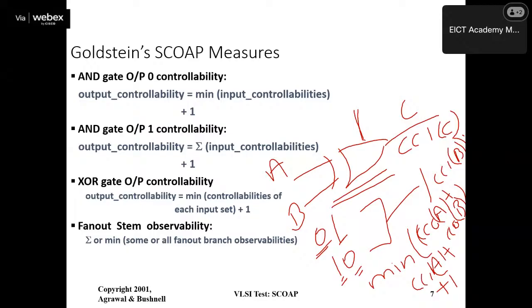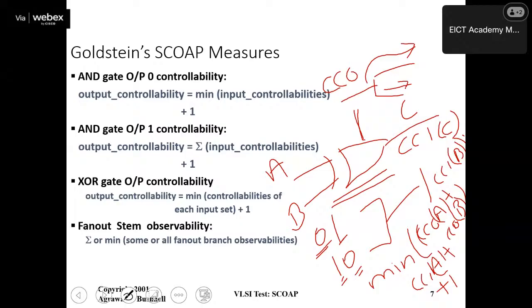Likewise, for fan out and stem observability, first let us have the fan out stem controllability, how you can control. So if this is the fan out branch and you have some CC0 or CC1 over here, it means it is controlling this also and this also. It means it will become the same.